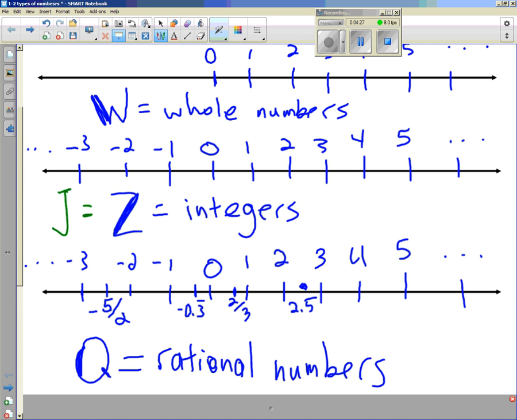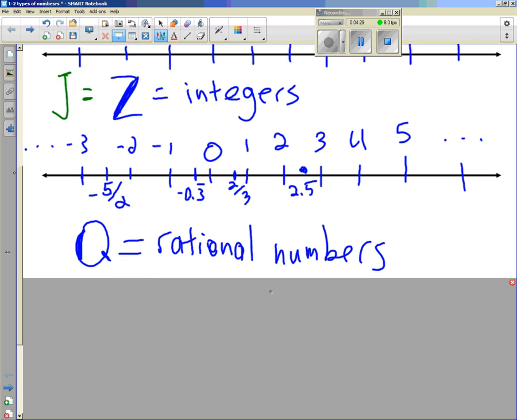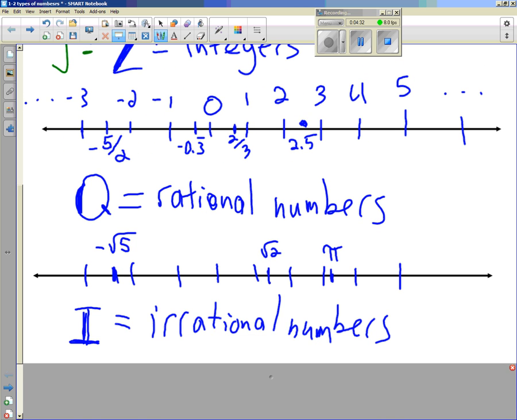The next one, we're almost done, is irrational numbers. So all the ones that cannot be written as a fraction with top and bottom as whole numbers, or excuse me, integers. Okay? And you'll just have to take my word for it that that's the deal.